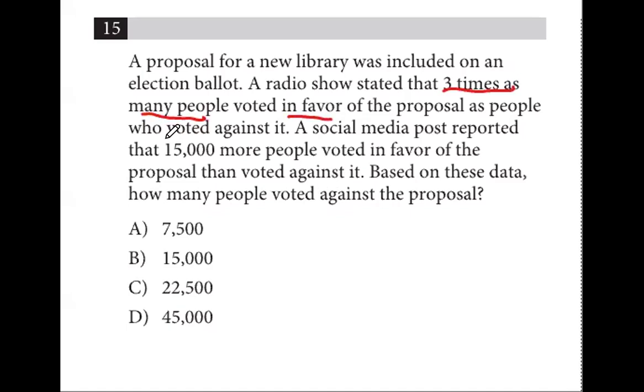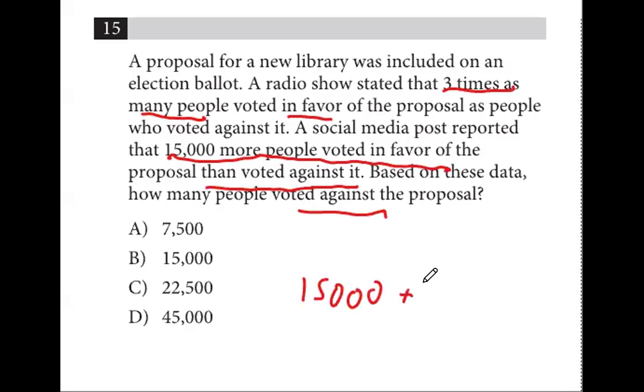And we're told that 15,000 more people voted in favor than voted against it. Based on this data, how many people voted against it? Well, we know that 15,000 more people voted in favor. So if we call X the amount of people that voted against the proposal, we'd have to do 15,000 plus X, because it's 15,000 more, not just 15,000.